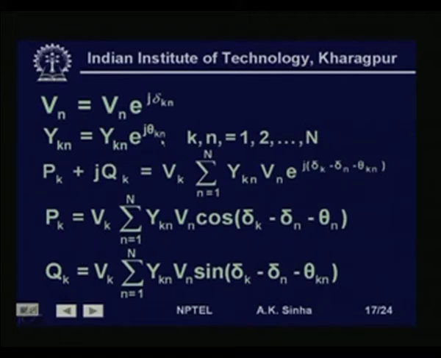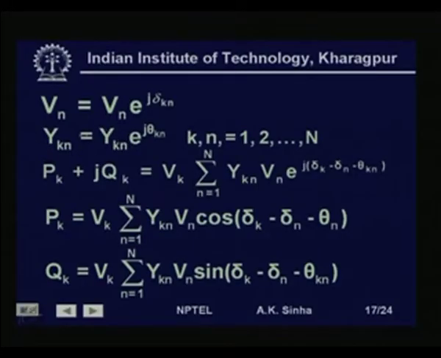We have the impedance written as r plus jx, and the admittance will be 1 by r plus jx, which we can write as g minus jb. Therefore, we will have an angle depending on the magnitudes of g and b for this admittance. So we have Ykn equal to magnitude Ykn into e to the power j theta kn.